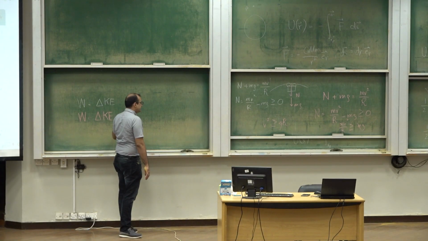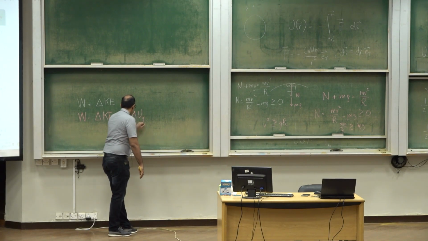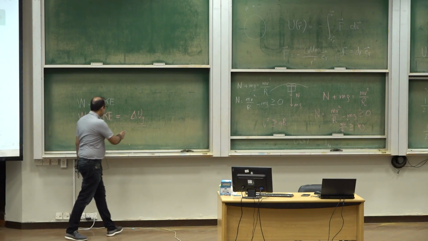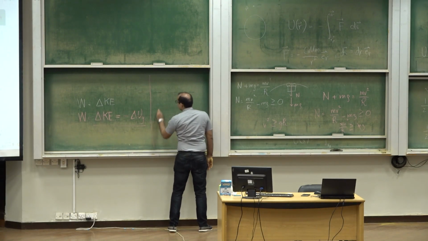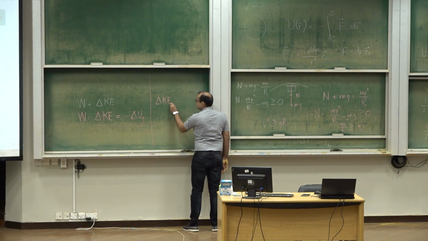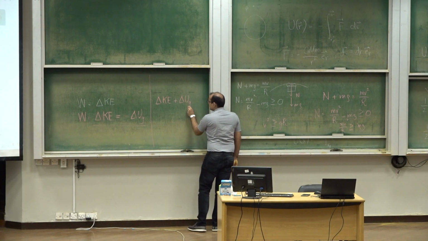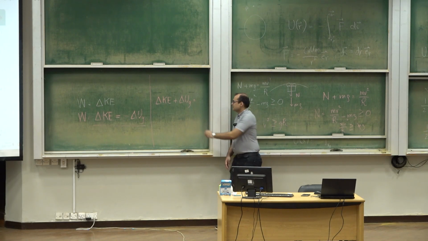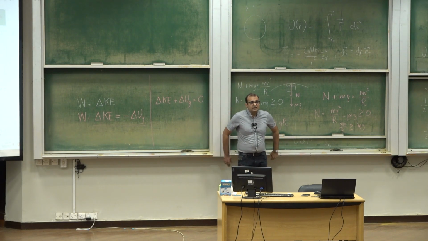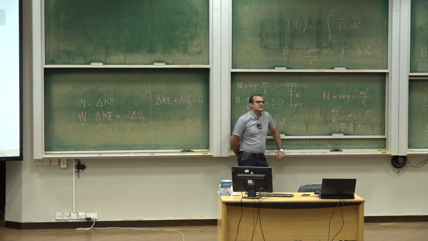So I can write the work done by the gravitational force as the negative of the change in the gravitational potential energy. Now look at this. I can bring this delta UG to the other side. And what do I have? The change in the kinetic energy plus the change in the gravitational potential energy equals 0. And what is this? Conservation of energy. If I say that the total energy is the sum of the kinetic energy and the gravitational potential energy, that number doesn't change.